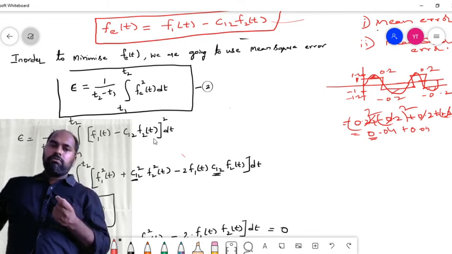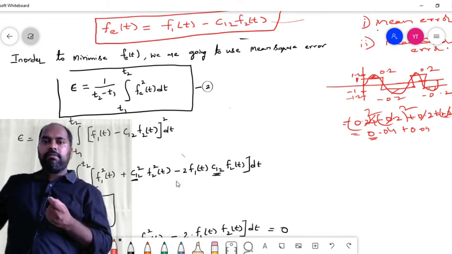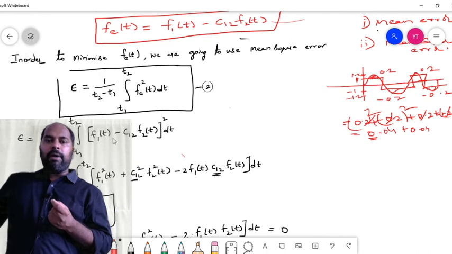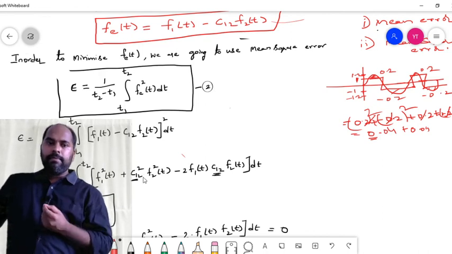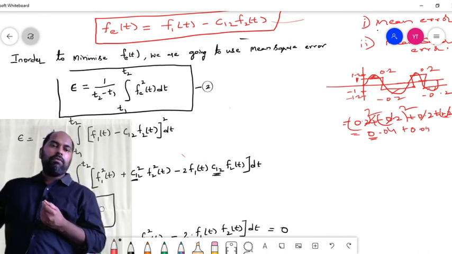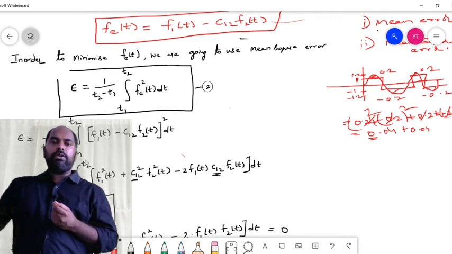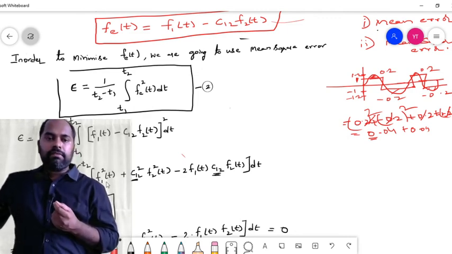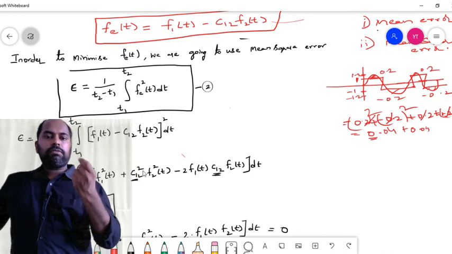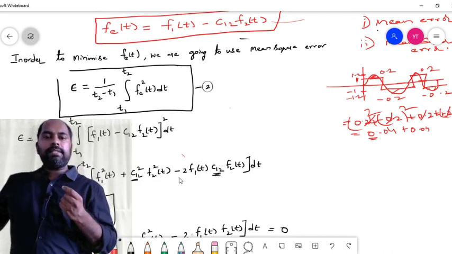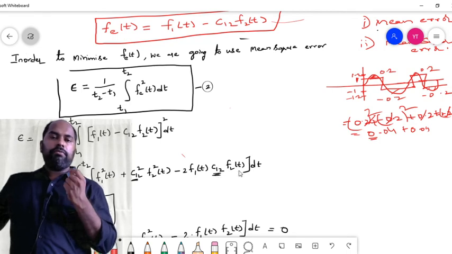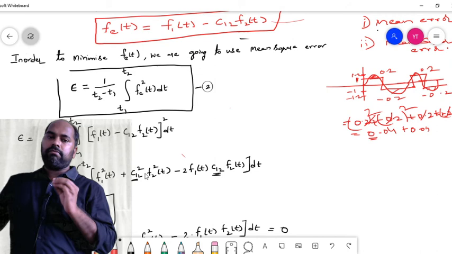Using the a minus b whole square formula, a square plus b square minus 2ab, epsilon equal to 1 by t2 minus t1 integral over t1 to t2 of f1 square of t plus c12 square into f2 square of t minus 2 f1 of t c12 f2 of t dt. So I am simply applying this a minus b whole square formula.